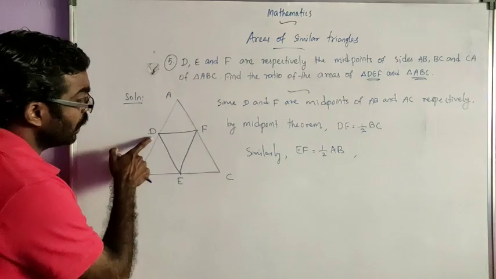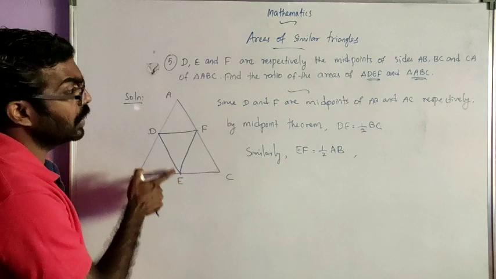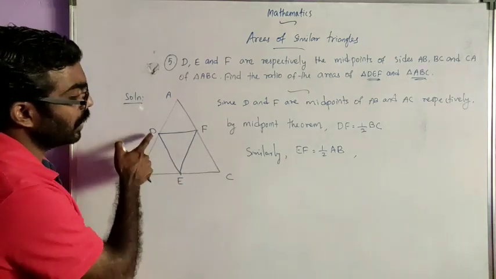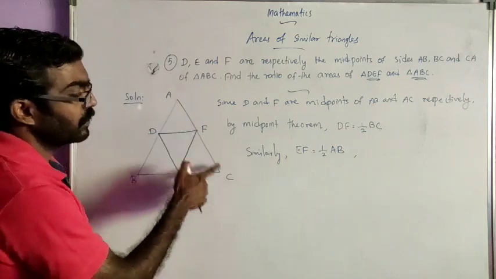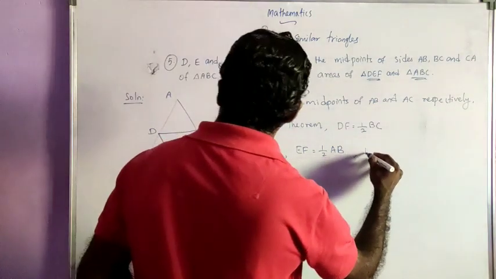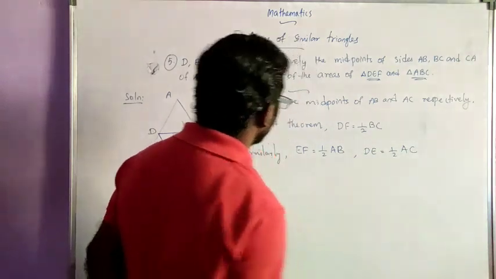And here D is the midpoint of AB, E is the midpoint of BC. So this line DE will be parallel to AC and DE will be equal to half of AC.